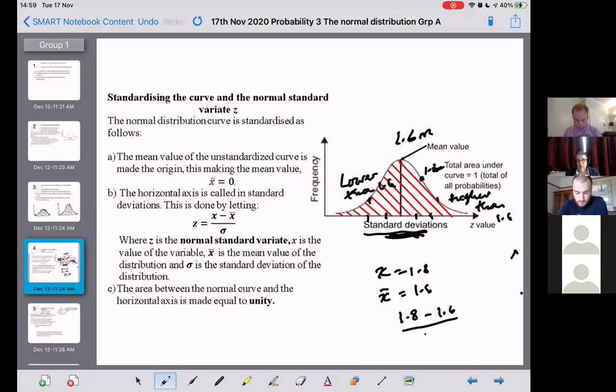I don't know, let's say that was 0.2. We do that calculation, that would give us a Z value. All right, and the Z value is a multiple of standard deviations. Everybody happy for me to move on and get into more of a specific example?